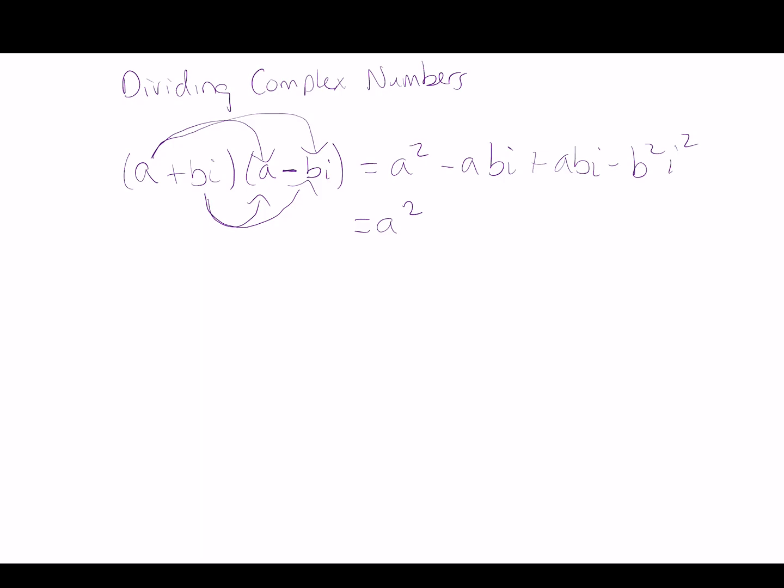The minus ABi plus ABi cancels out, and we're left with minus B squared i squared. Well, i squared is just negative 1, so we have a squared minus b squared times negative 1, which leaves us a squared plus b squared. Well, a squared plus b squared is a real number.